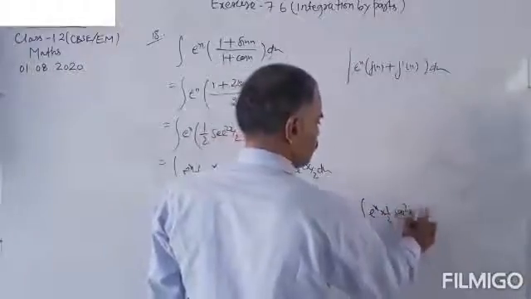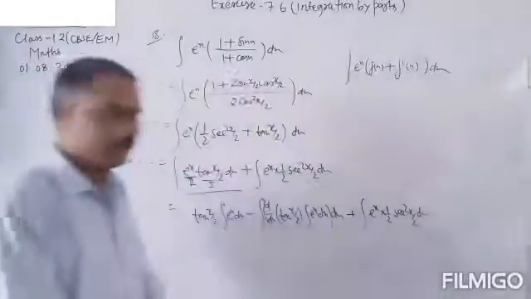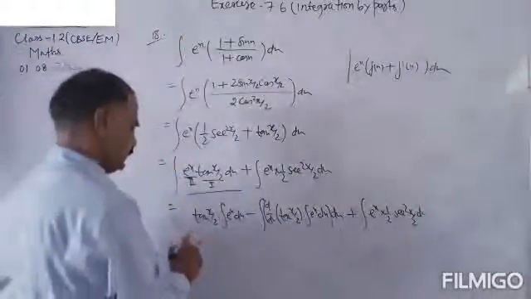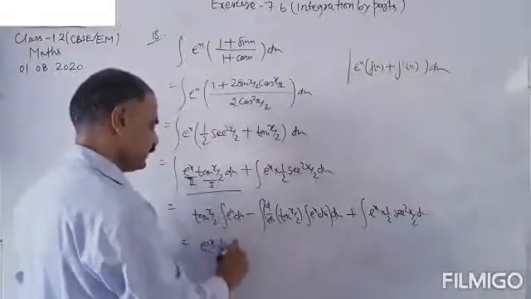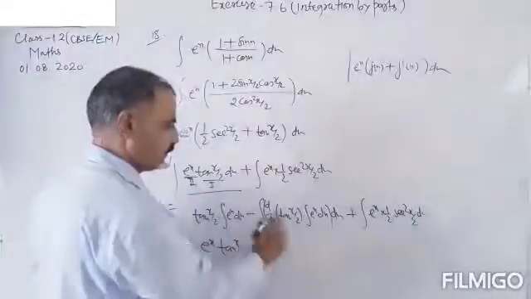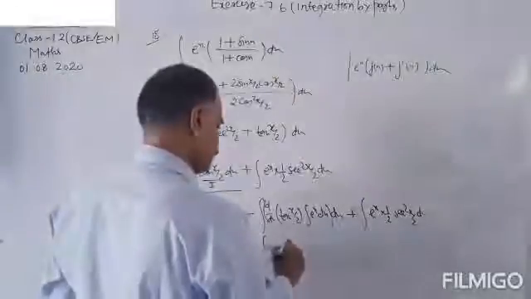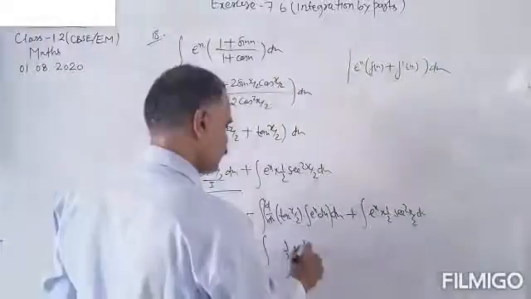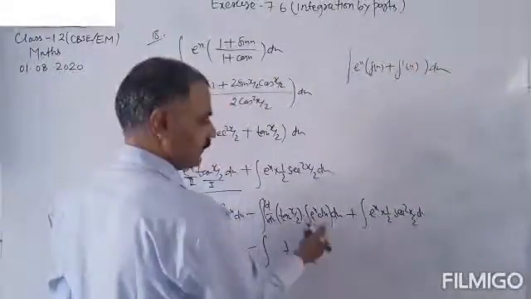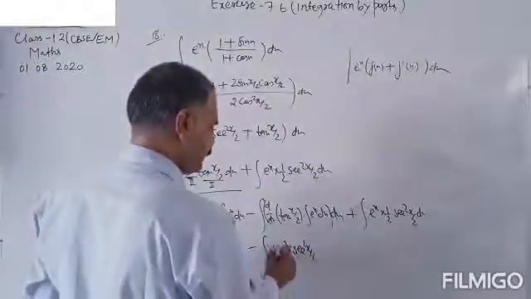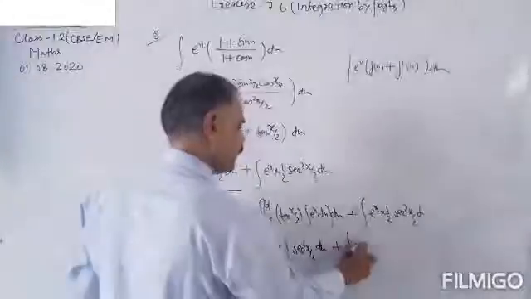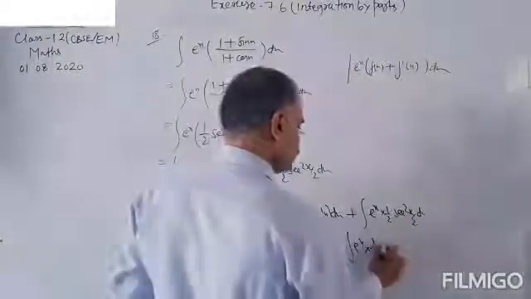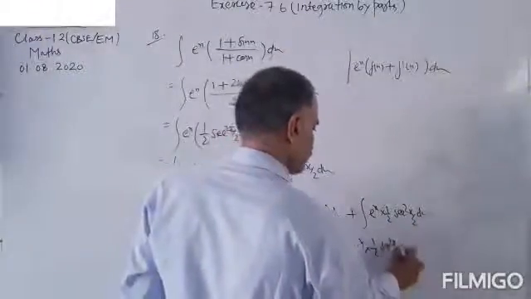Okay, now this is equal to integration of e to the power x is e to the power x tan x by 2, minus differentiation of tan x by 2 is 1 by 2 sec square x by 2 and integration of e to the power x is e to the power x dx, plus e to the power x into 1 by 2 sec square x by 2 dx.